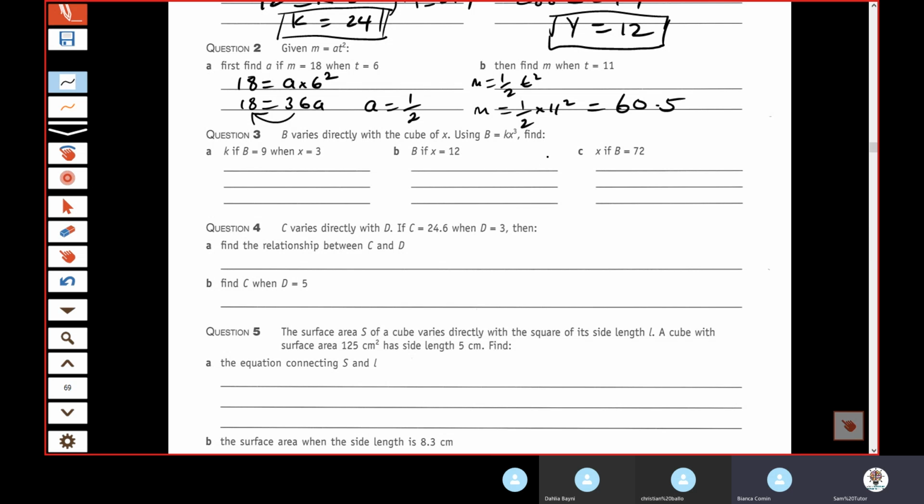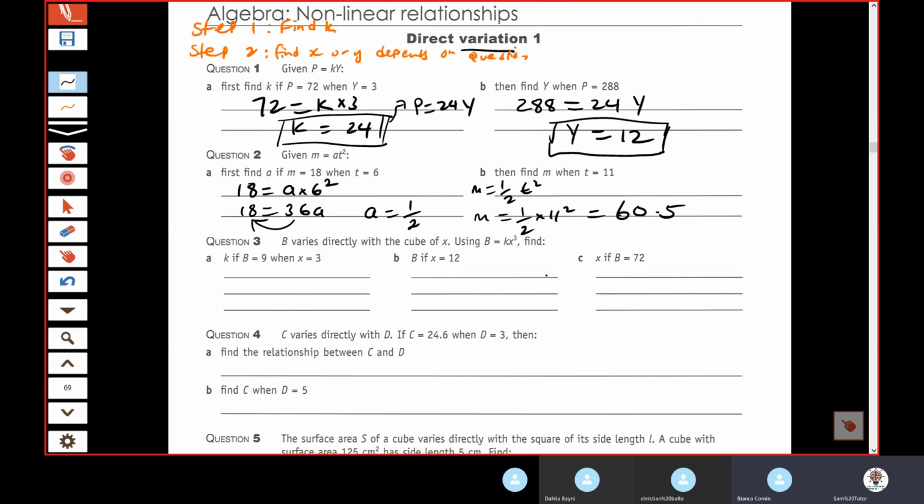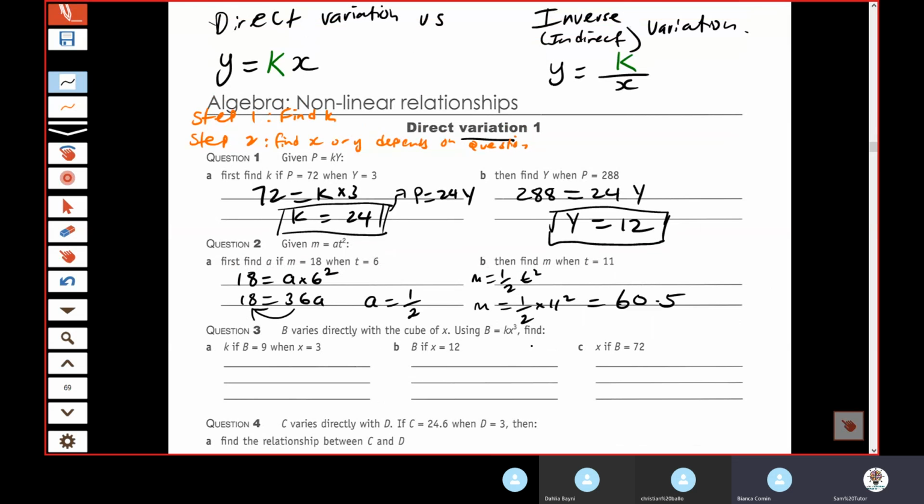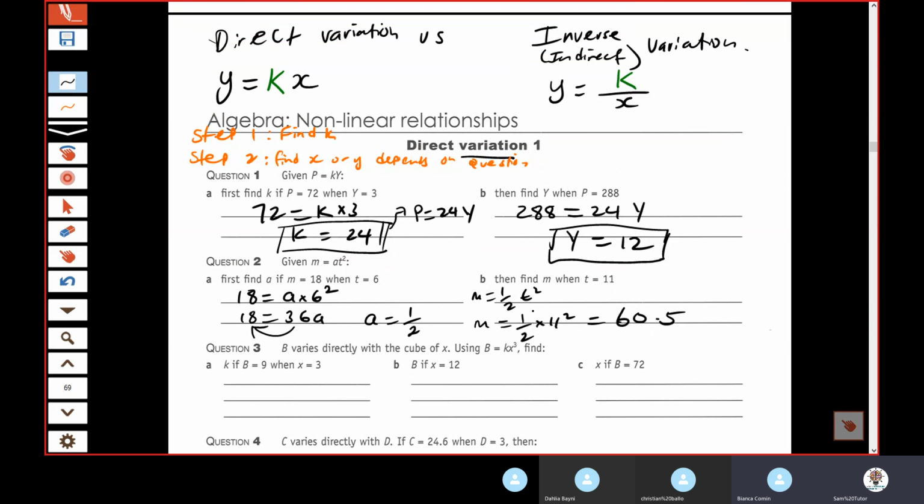Christian said I haven't finished copying down question 1. Okay, sorry, yep. You'll get this booklet, Christian, as well. So most importantly, I guess you would want to copy down the heading of direct variation and then more just the question number.